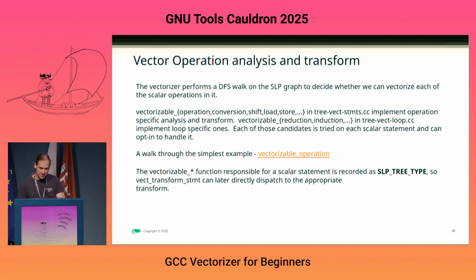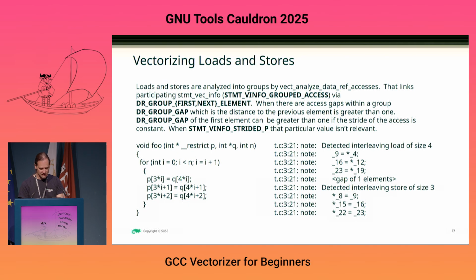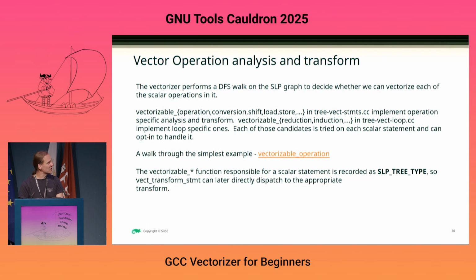But that's the simplest one. So if you want to have an idea how it actually works, that's the one to look at. The others are all complicated because you can see the operation is the canonical case and everything else is special cases because shifts are different or loads and stores are different anyway.